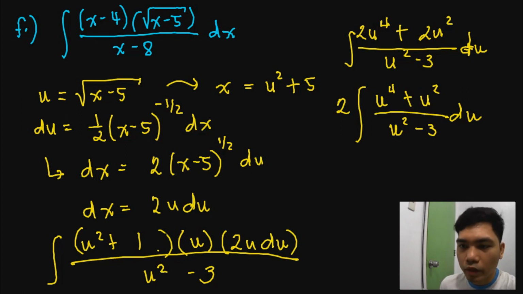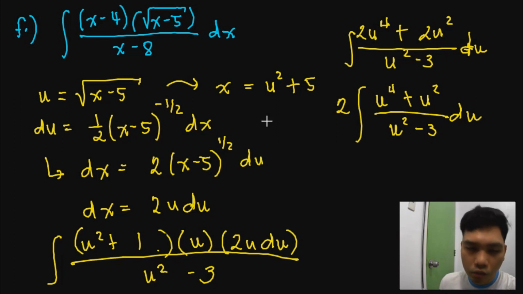The difference here from the previous one is that you'll be performing long division only once, unlike the substitution a while ago, wherein you had to perform long division and then another u substitution, after which you're still not quite sure if you'll be able to integrate it directly.